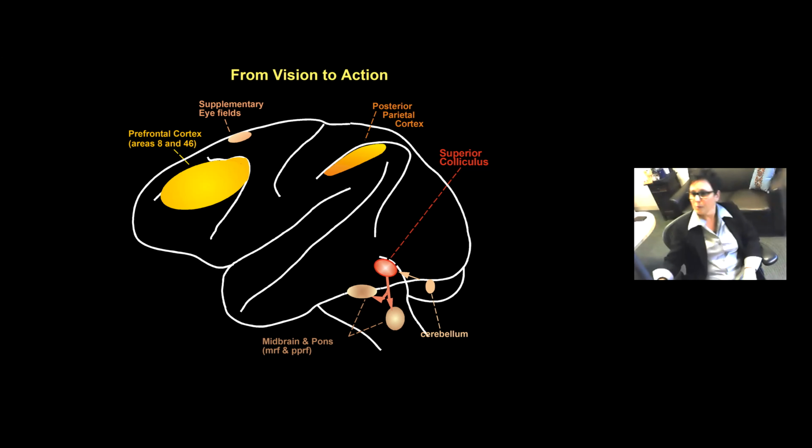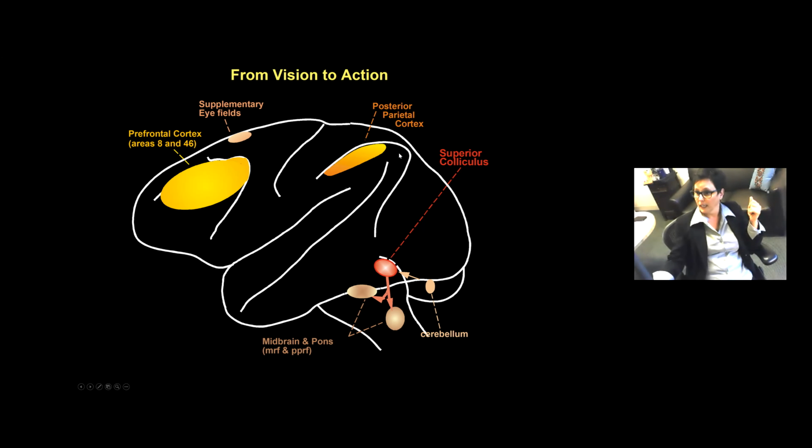So further by way of introduction, this is showing you a lateral schematic view of the Rhesus monkey brain, the monkey species that we study primarily in the lab. And what I'm highlighting here are regions of the cerebral cortex that are engaged in the generation of these saccadic eye movements, but also the visual stimuli that guide those saccadic eye movements.